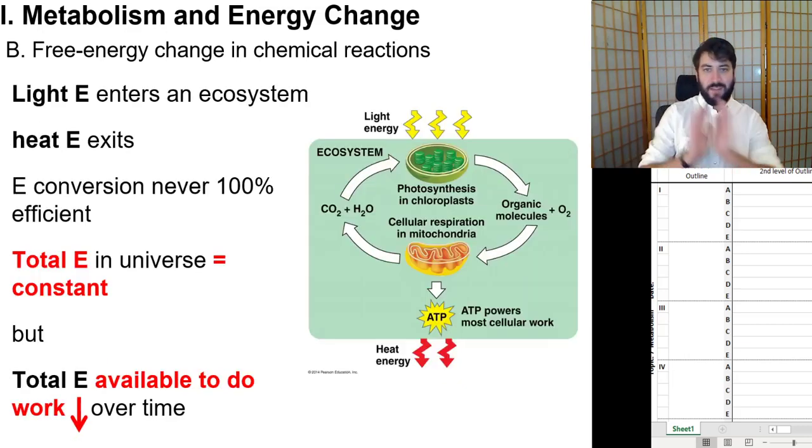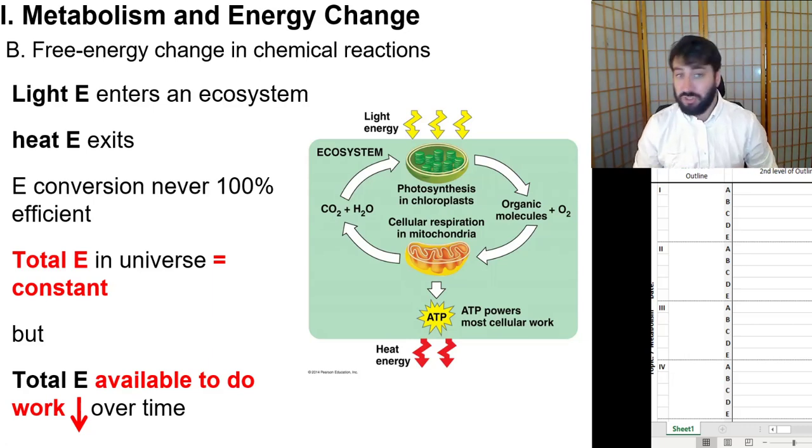So let's expand that concept to a whole ecosystem. And it actually still works. So most ecosystems get their initial energy from sunlight. This energy is transformed into chemical energy through the process of photosynthesis that we'll talk about in a bit. That stored chemical energy then can get utilized for all kinds of different processes like cellular respiration, which converts that chemical energy into a more usable form in the structure of ATP.